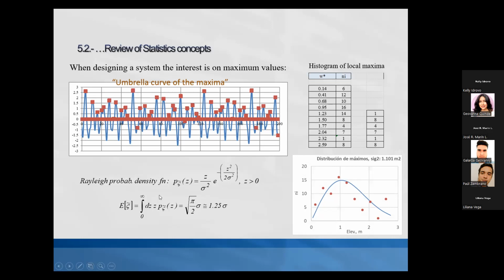Okay, so in this case, you can do this process, and for example, the expected value is going to be about 1.25, the standard deviation, right? So this 1.25 times the standard deviation corresponds to the expected value of these local maxima. Okay.